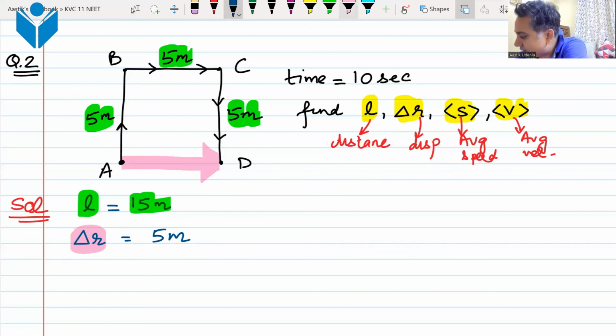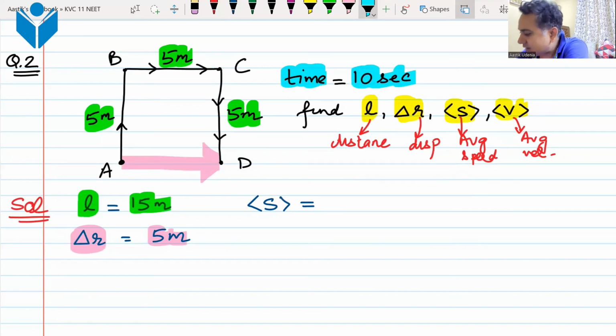Now, can anyone tell me what is the average speed? Average speed. Yes. You know total distance. 3 by 2 meter per second. Well done. Total distance is 15.